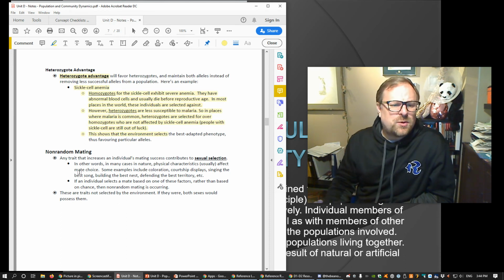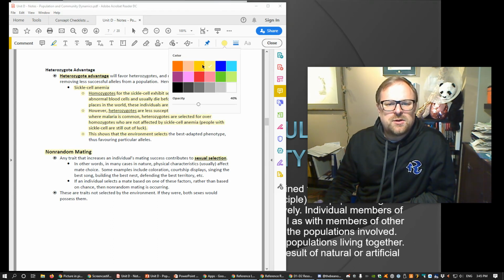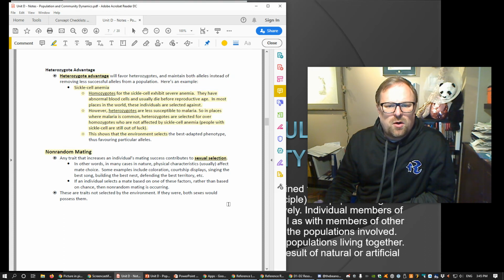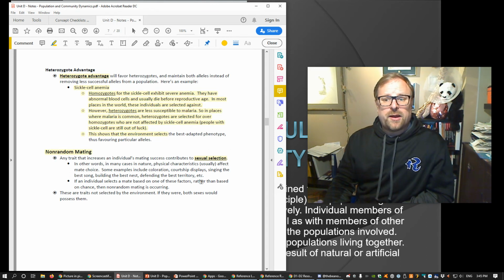And then the last one is non-random mating, and I mentioned this one previous to you. Non-random mating is called sexual selection. So we're selecting an individual based on what that individual looks like or how they behave, rather than just bumping into somebody randomly.